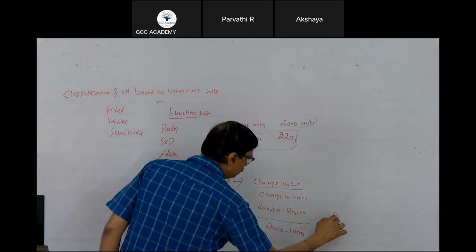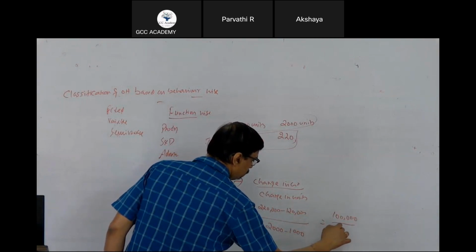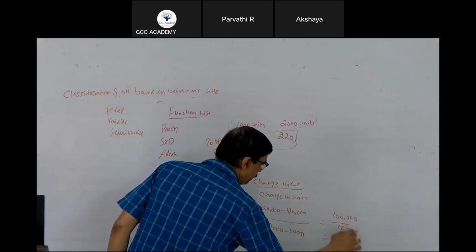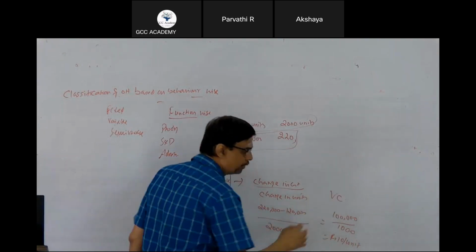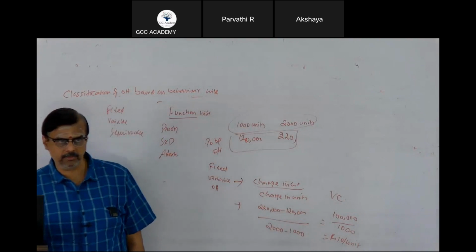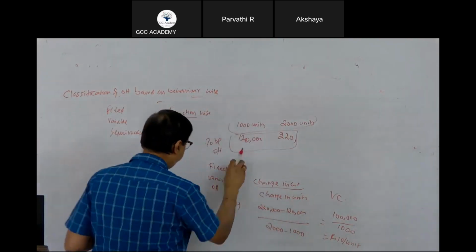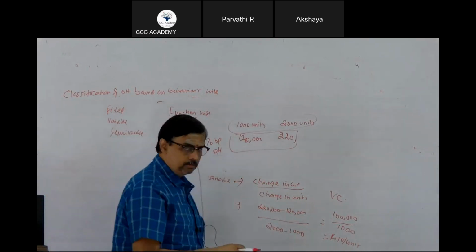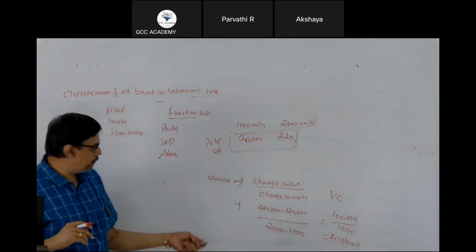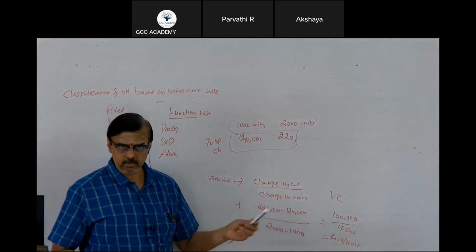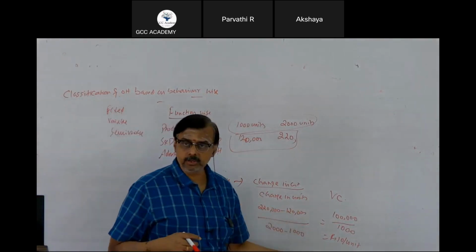You will get the variable cost. The variable cost component will be determined by using the formula change in cost by change in units. So you get rupees 10 per unit is the variable component.